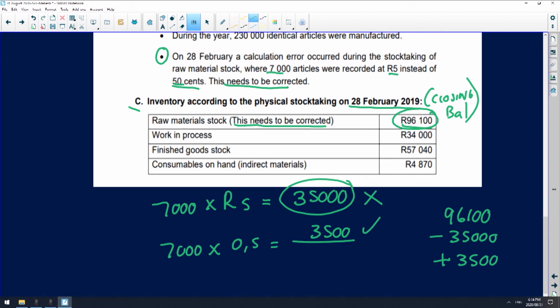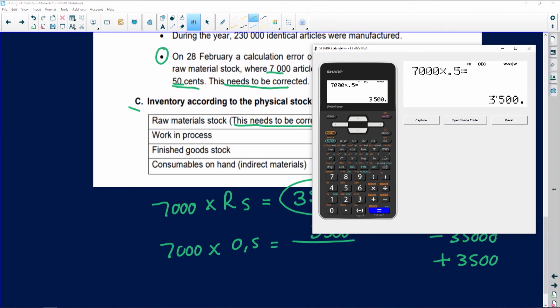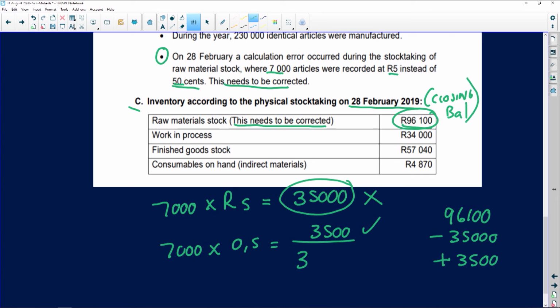I overvalued by an amount of, so if I quickly subtract 35,000 minus 3,500, I overvalued the stock by 31,500. So like I said, two ways of doing this. You can either minus the error plus 3,500, or you can simply say 96,100 minus 31,500. You're going to get the same answer.